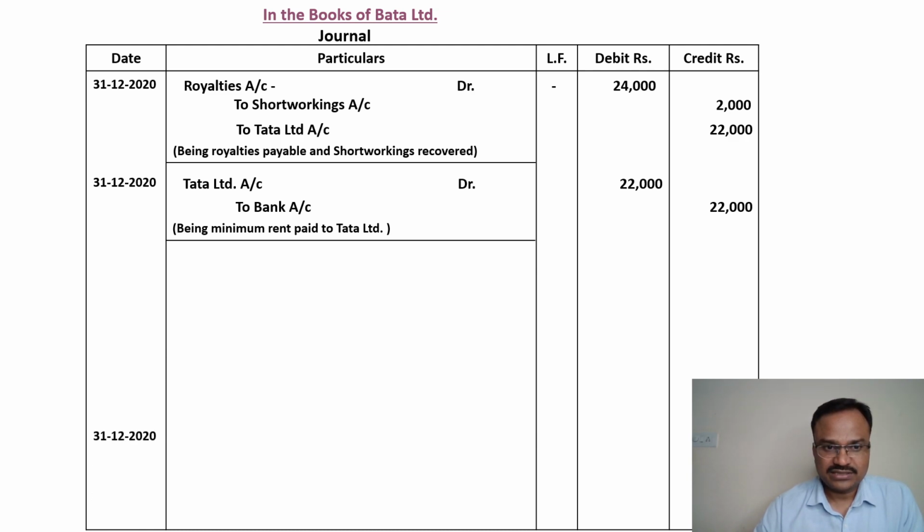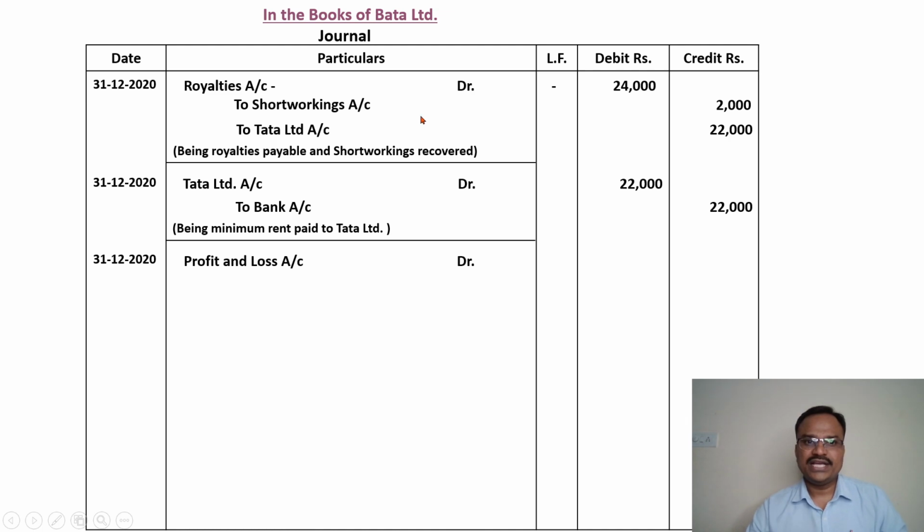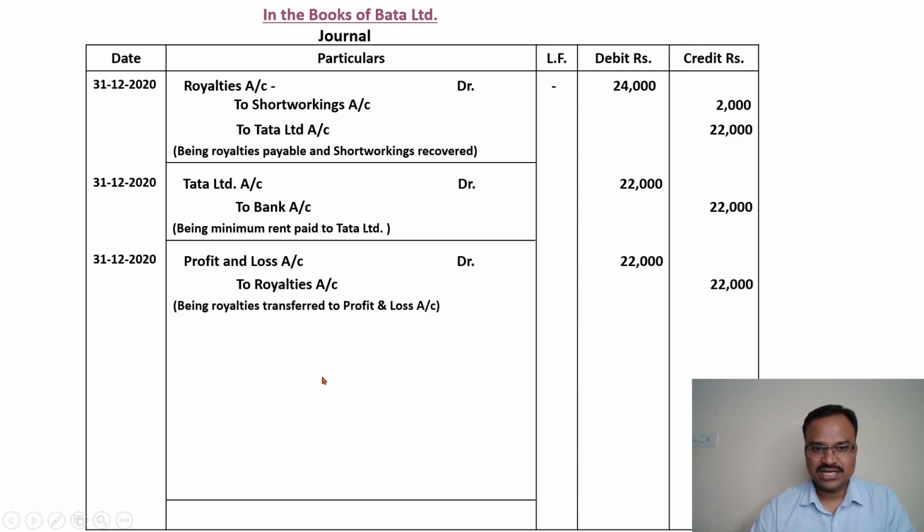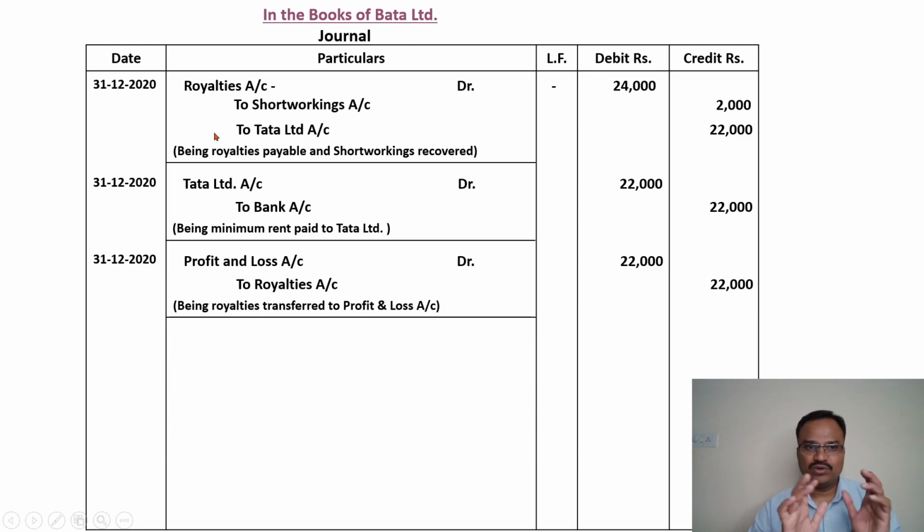Okay, then the third entry is related to the transfer of royalties to profit and loss account. So in the third entry, profit and loss account debit to royalties account 22,000, and the narration is being royalties transferred to profit and loss account.